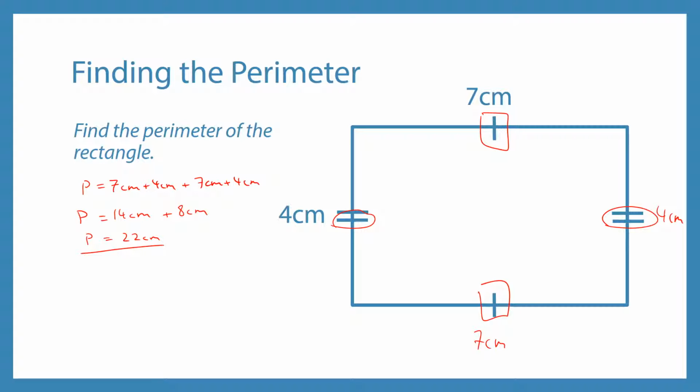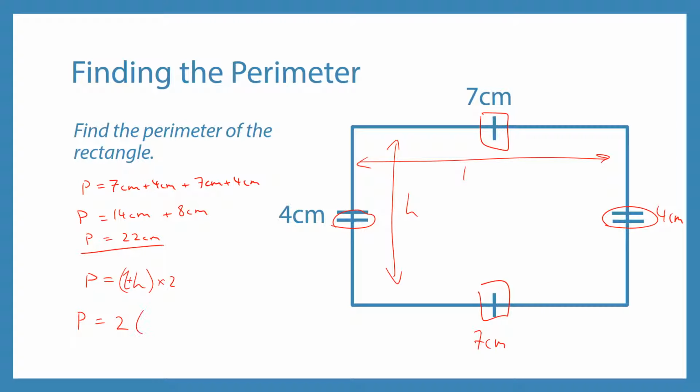Now, like the square, for the perimeter of a rectangle, if you know what the length is, and you know what the height is, you can go perimeter equals length plus height, times 2.